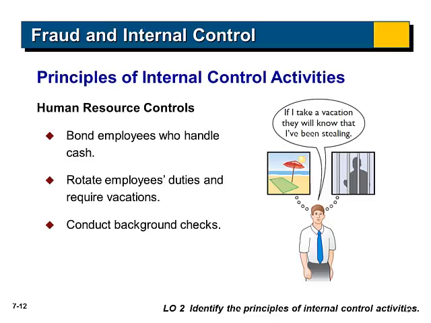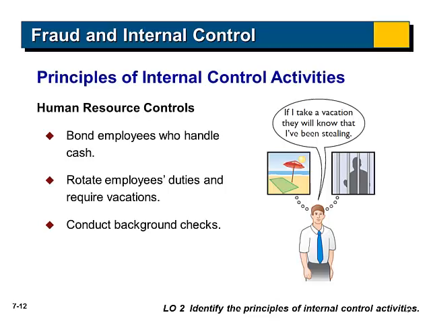A good human resource control would also be to rotate employees' duties and to require vacations. And it sounds funny to say that you would require vacations of your employees. But if you think about it, if you were working in a company and you have been doing some fraudulent things, well, you don't want to take a vacation because that means somebody might fill in for you.